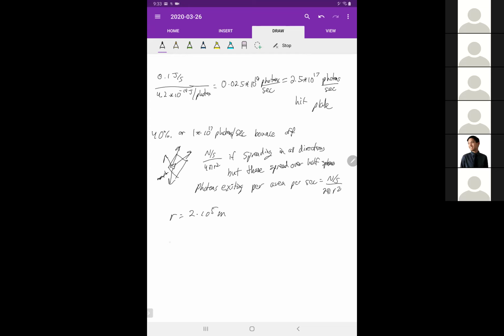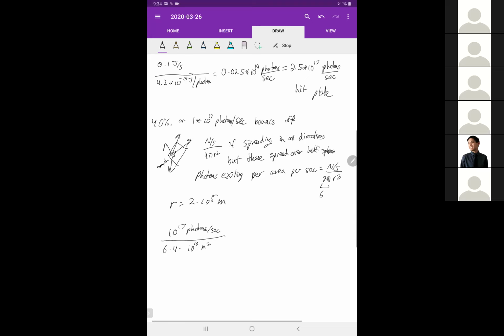So we've got 10 to the 17 photons per second over 6 times 4 times 10 to the 10th meters squared, because 2 pi is roughly 6. And so it's really 6.28. 6.28 times 4.